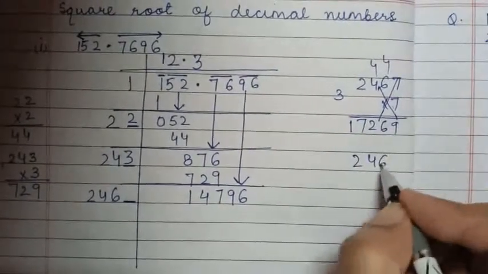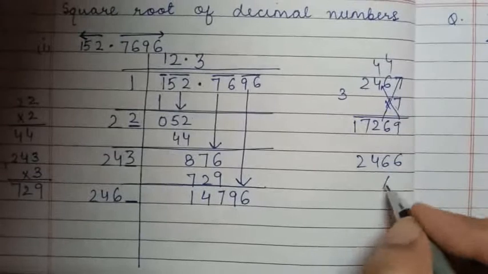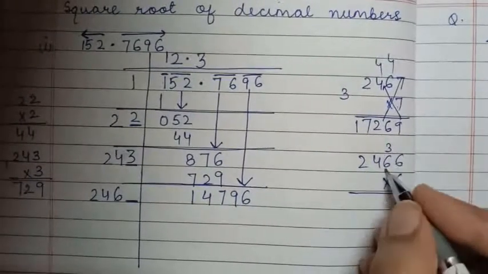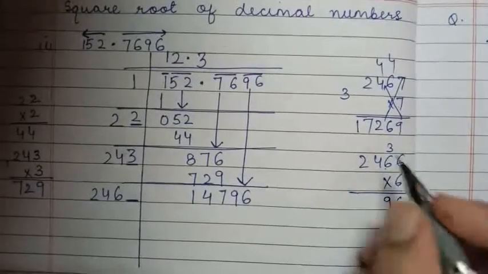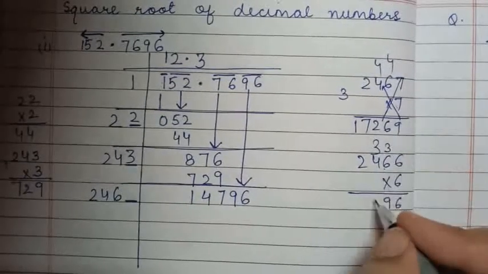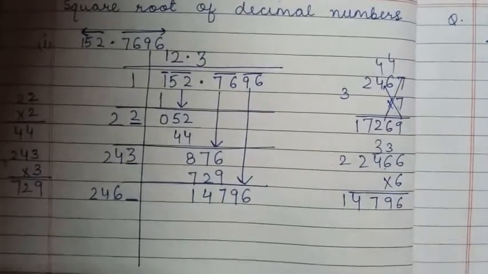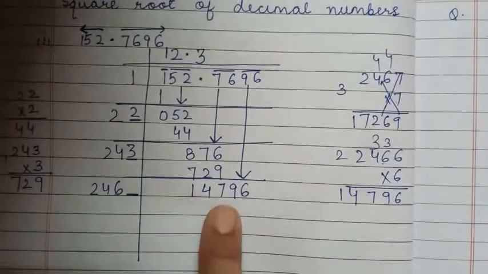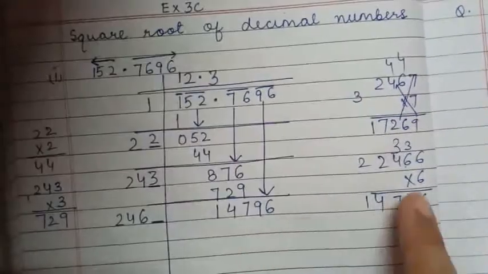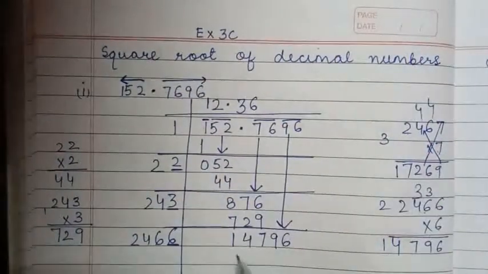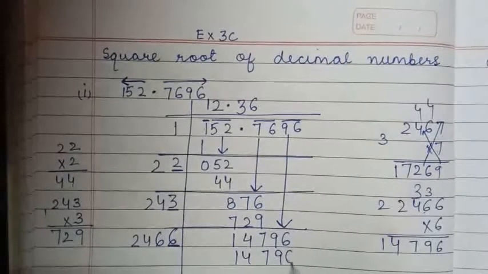So I keep 6. Now I multiply by 6 only. 6 6s are 36, 6 6s are 36 plus 3 is 39, 6 4s are 24 plus 3 is 27, 6 2s are 12 plus 2 is 14, so 14796, which is exactly matching. So I keep 6 here, 6 here, and 14796 here.